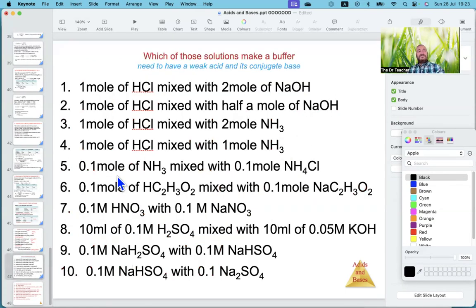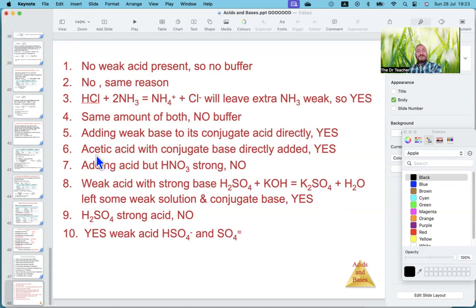That's number 5. So this is the weak base, and this is the conjugate acid. So we have a weakness. And 0.1 mole of acetic acid mixed with 0.1 mole of NaC2H3O2, sodium acetate. So do we have weakness here? Number 6. Acetic acid with its conjugate base directly added.